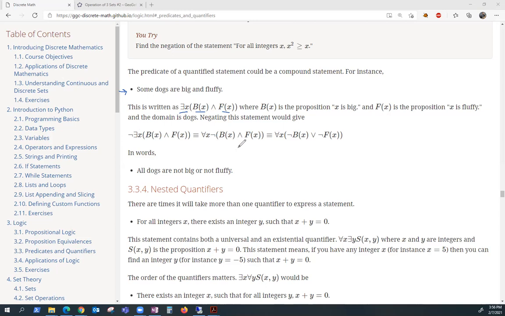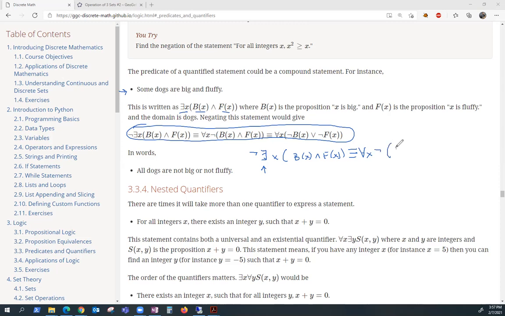I'm going to do this step by step, but here's the punchline. This is the answer, but let's see how all this breaks down. There does not exist an x such that b of x and f of x. How do you negate this existential? It turns into a universal, and then the negation moves over, and I'm negating this and statement.